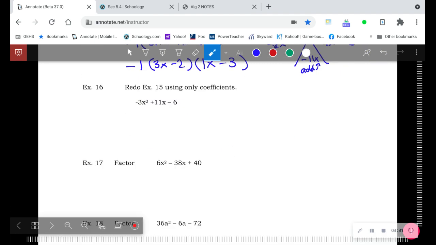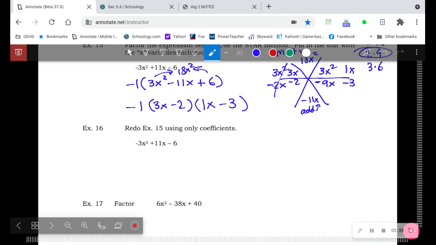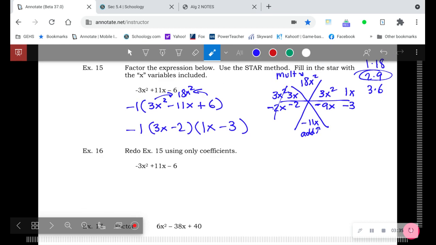All right, redo this example. I'm going to keep the other one in view here. We're going to do the same problem, but when we get to the star, we're going to temporarily leave all those x's out to streamline it. Okay, so first pull out the negative 1, and that'll make you have a positive at this point. Then set up your answer.